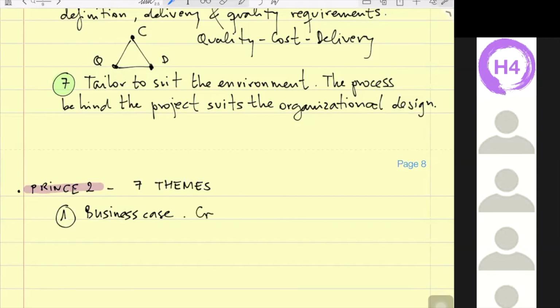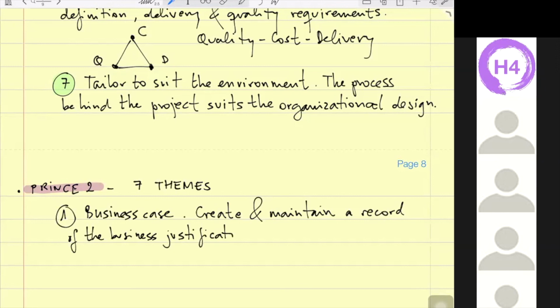Create and maintain a record of the business justification for the project. Okay.